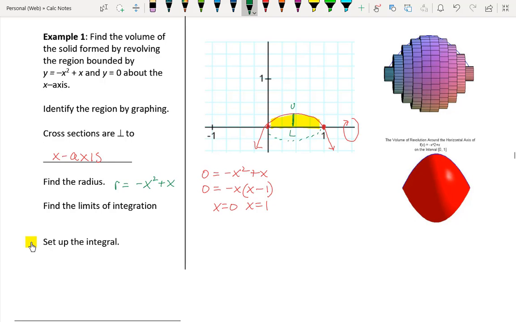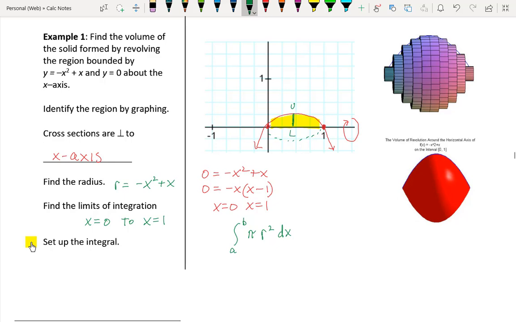My limits of integration are going to be from 0 to 1. Okay? x equals 0 to x equals 1. And then we're going to set up the integral, and I'm going to write out the formula again here, the integral from a to b of pi times the radius squared dx.